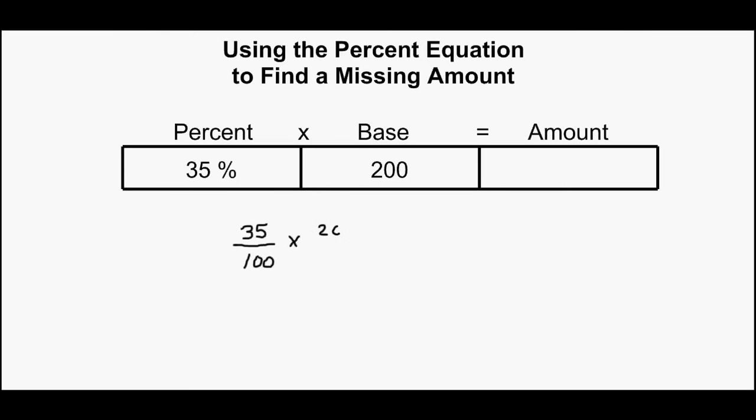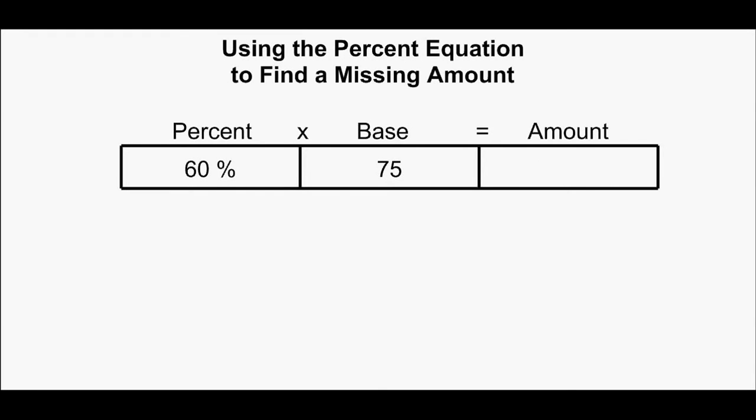The base is 200. You may place a 1 under any whole number to make it into a fraction. I like to use canceling whenever I can. Now we'll multiply straight across. 35 times 2 equals 70. 35% of 200 is 70.